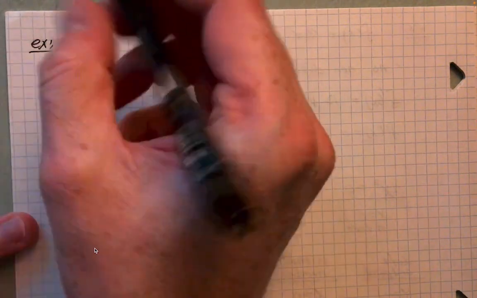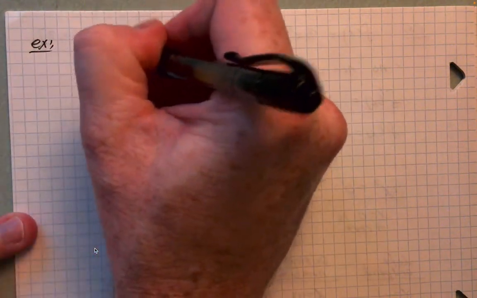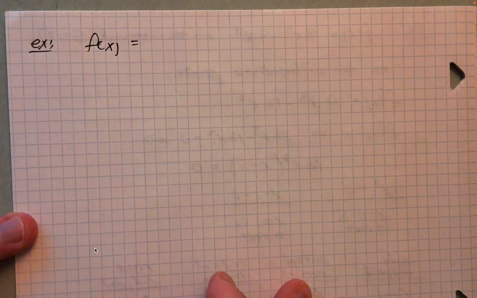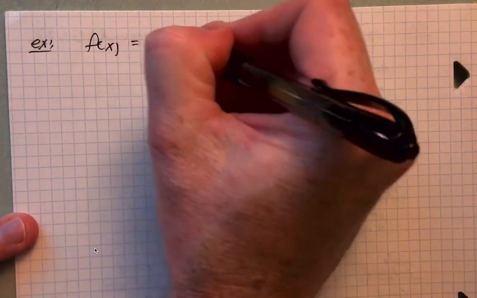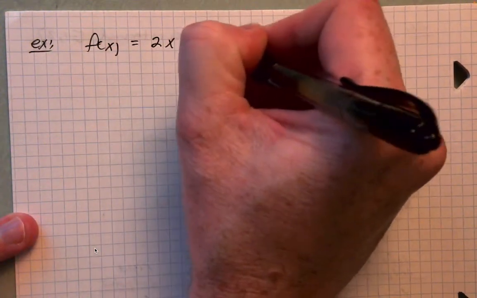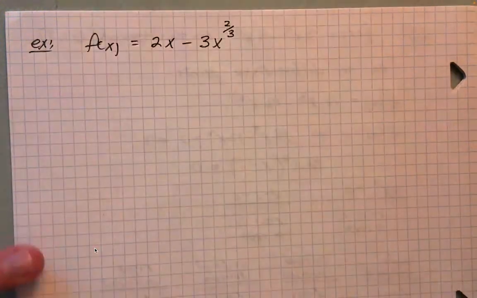Let's do one more example. Maybe we'll do 2 more examples. Let's do this one though. F of x equals 2x minus 3x to the 2/3 power.